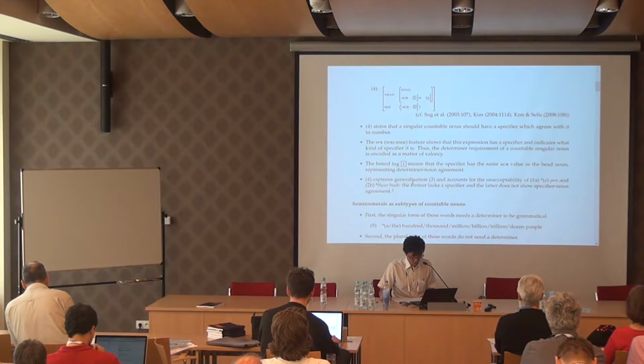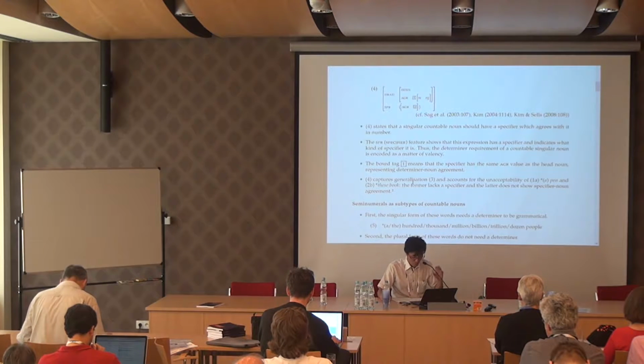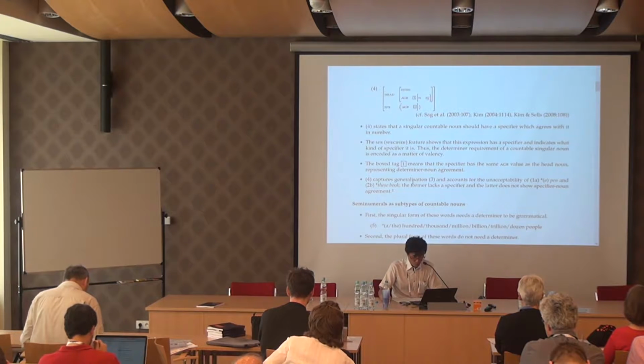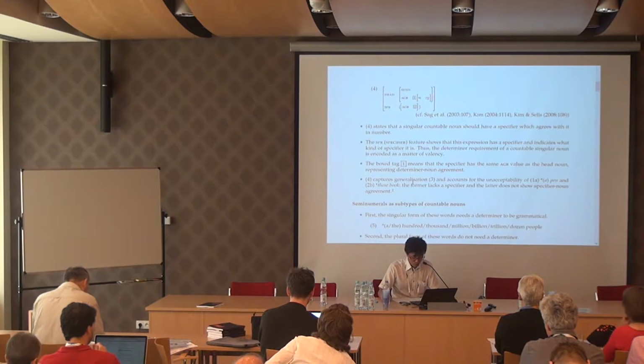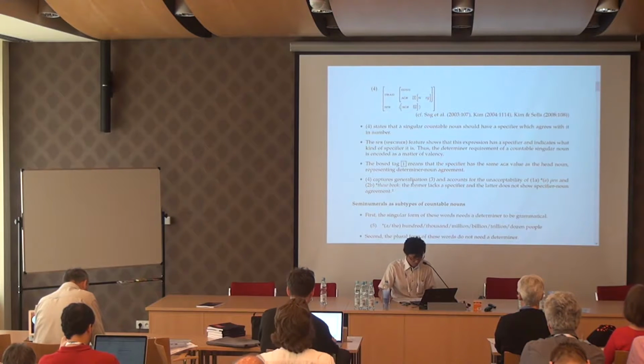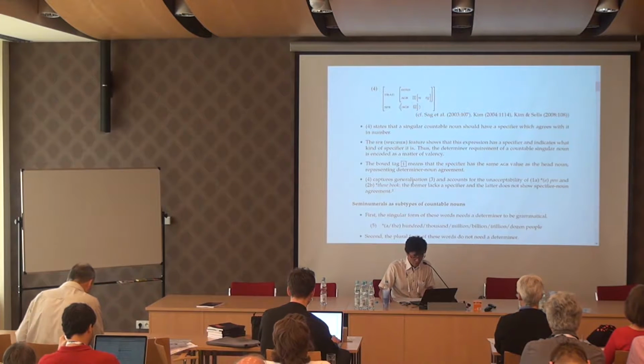The specifier feature shows that this expression has a specifier and indicates what kind of specifier it is. Thus, in this framework, the determiner requirement of a countable singular noun is encoded as a matter of valency. The tag 1 means that the specifier has the same agreement value as the head noun, and this represents determiner-noun agreement.